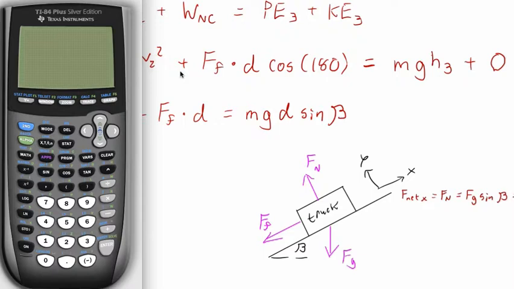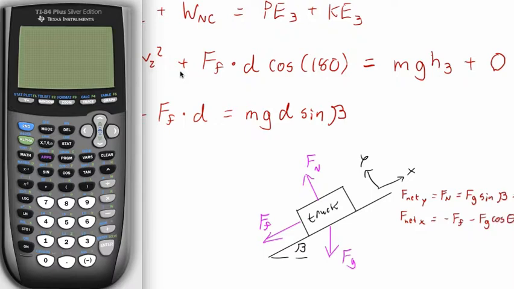And then we have the friction force, which is going to show up in F net in x. Oh, and the one above was y. This is going to have two negative forces, the negative friction force and the negative gravitational force, which is going to be Fg cosine theta.